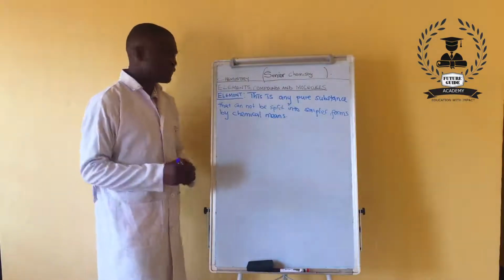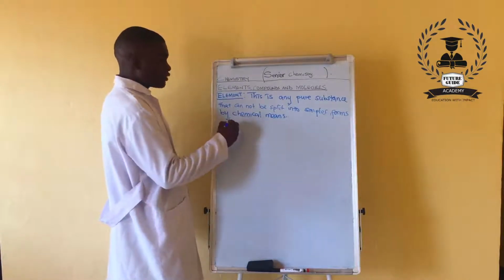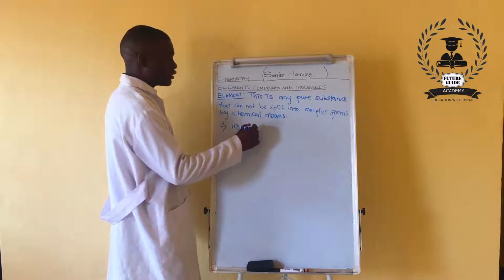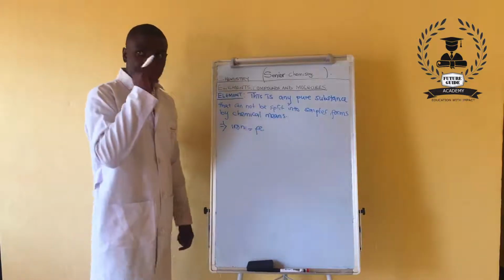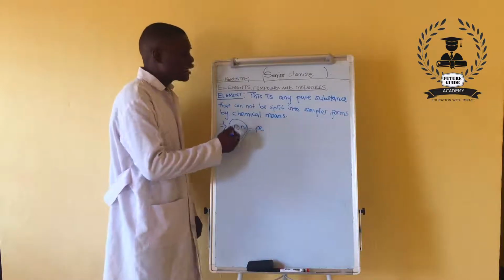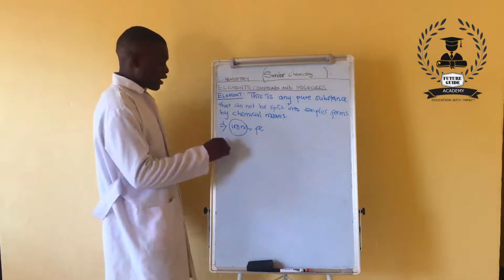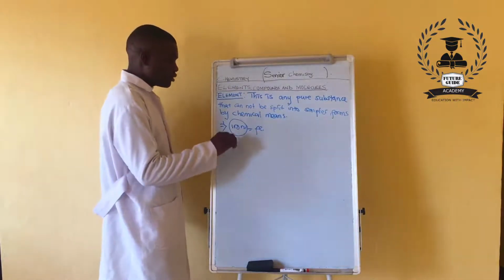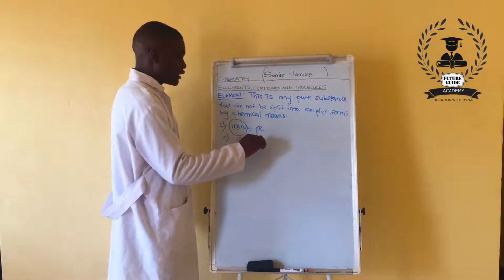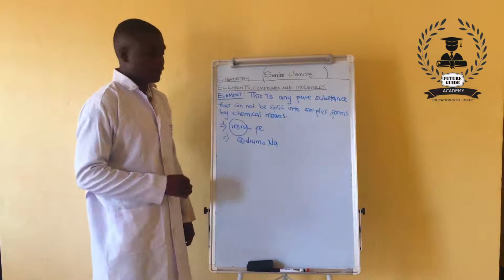Now, let's give an example. A very good example that we have, let's talk about an element which is iron, Fe. Now this element iron, when you find it, it cannot be split by any chemical means. Another very good example, we've got sodium, which is an element, and the symbol is Na.